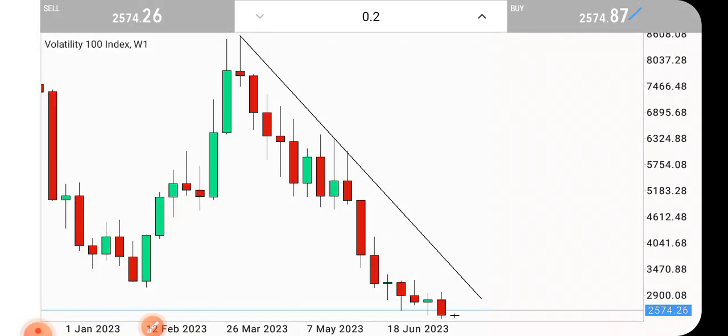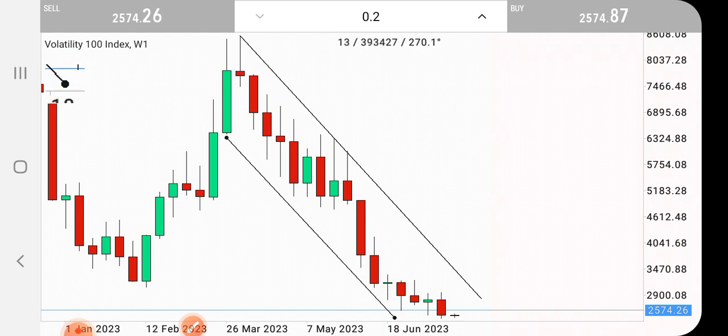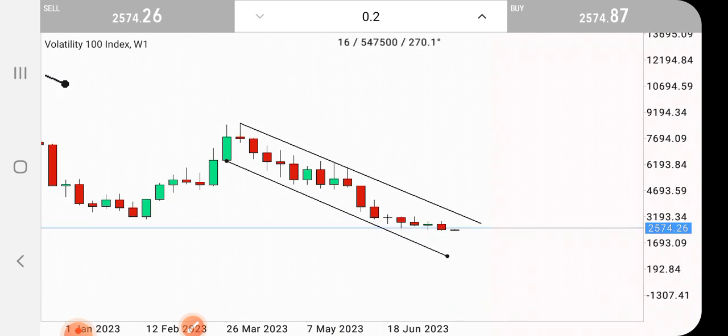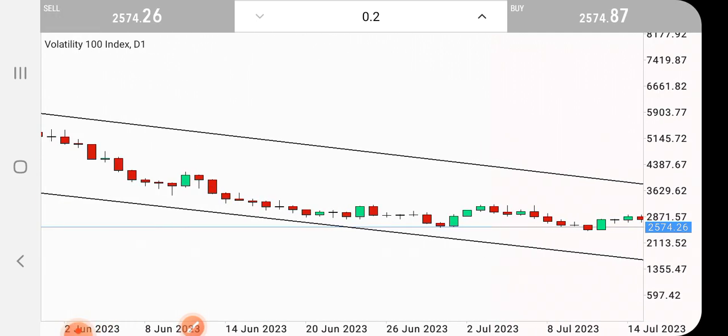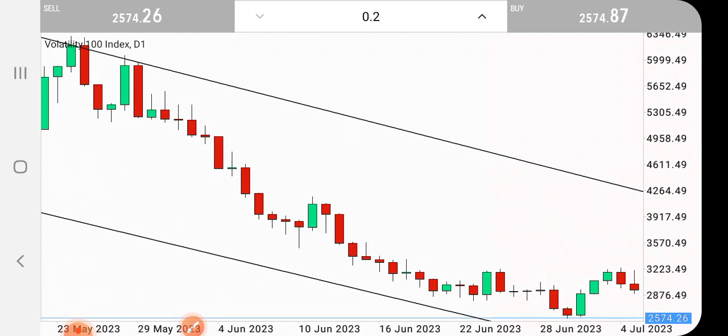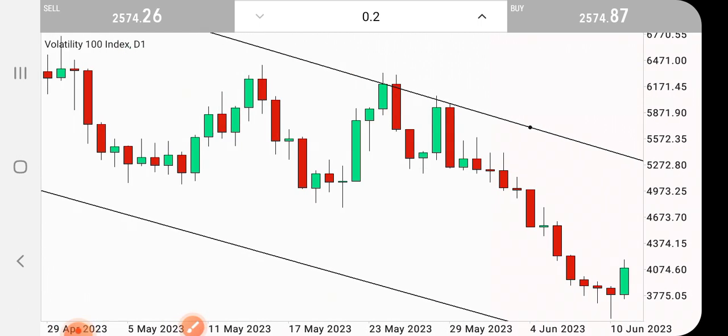This is where we can connect our points here. There's another point. So we go to a lower time frame, which is daily, to see what is really happening.